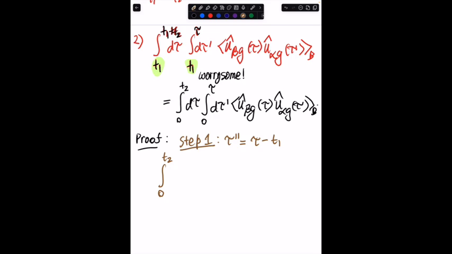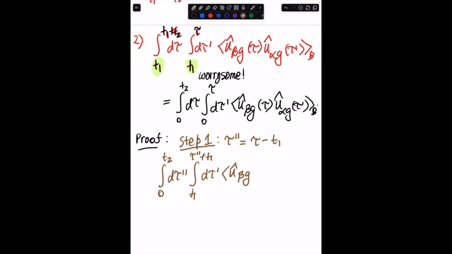And then d tau double prime is just d tau, so you can write it as d tau double prime. Your second integral runs from t1 to tau, so tau in this case would be tau double prime plus t1, d tau prime, and then you have your u hat beta g tau.